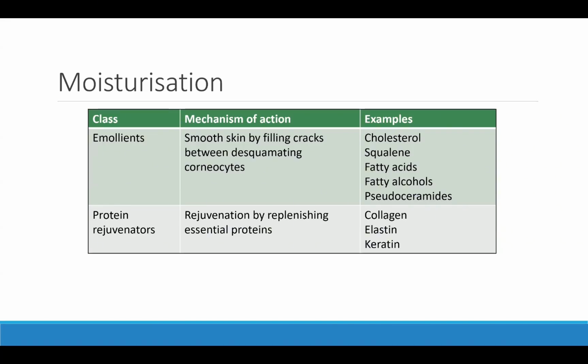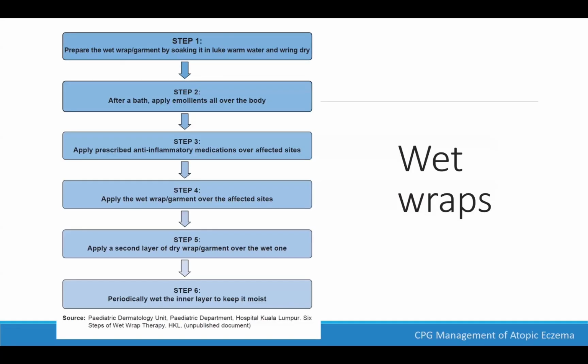And examples of emollients are cholesterol, squalene, fatty acids, fatty alcohols, as well as pseudoceramides. And the last category of moisturizers are protein rejuvenators, and these work by replenishing essential proteins. Examples include collagen, elastin, and keratin.